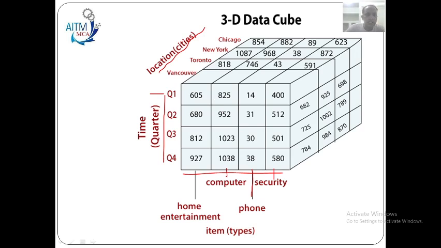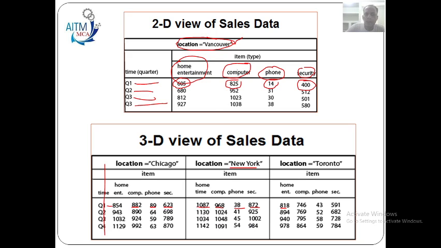Now see here. In this location, Vancouver, which city I don't know, in the first quarter, what is the figure? Home entertainment 605 is there.